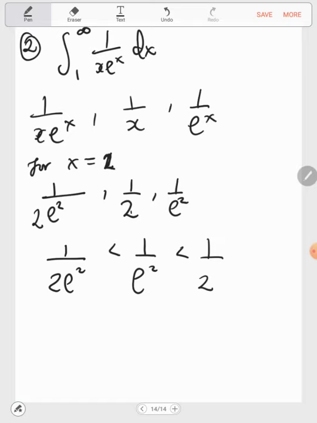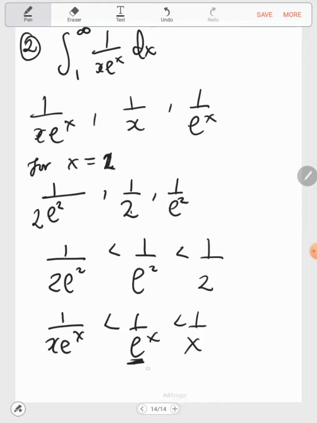So that means that 1 over x to the power e^x is less than 1 over e^x, which is less than 1 over x. Now from the comparison rule, if the bigger one converges, then the smaller one converges as well.